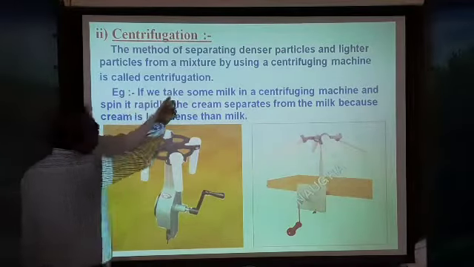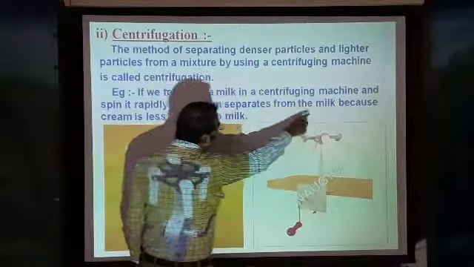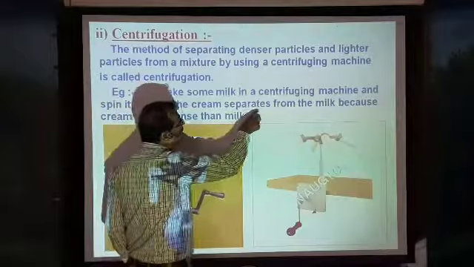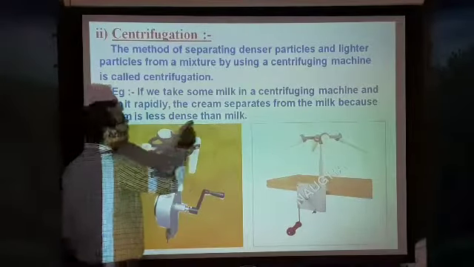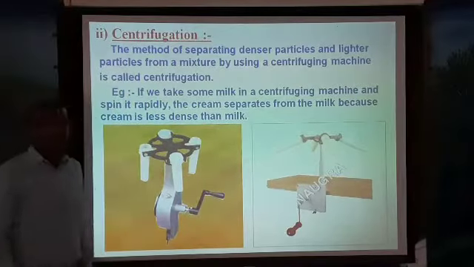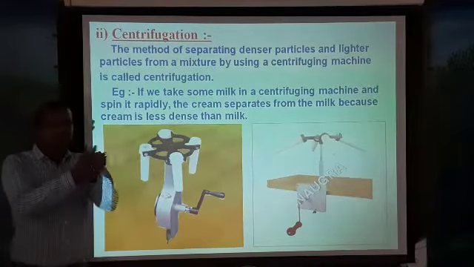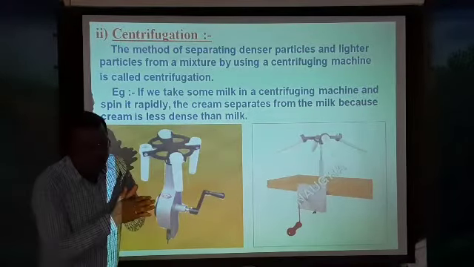If we take some milk in a centrifugation machine and spin it rapidly, the cream separates from the milk because the cream is less dense than the milk. When you are at home, you also do this while preparing buttermilk.